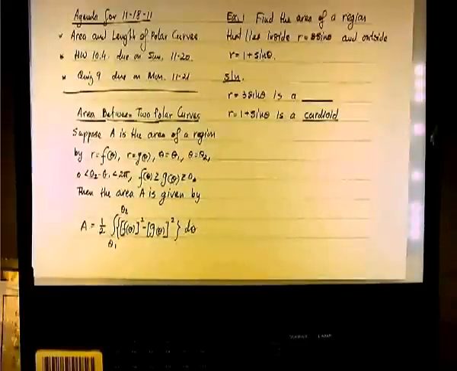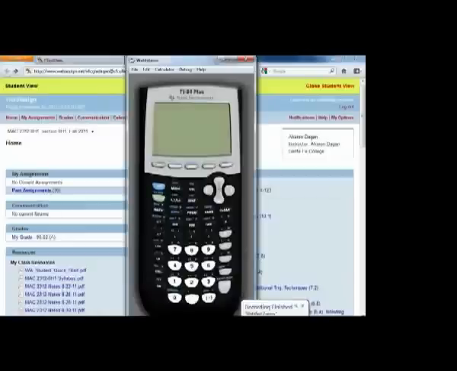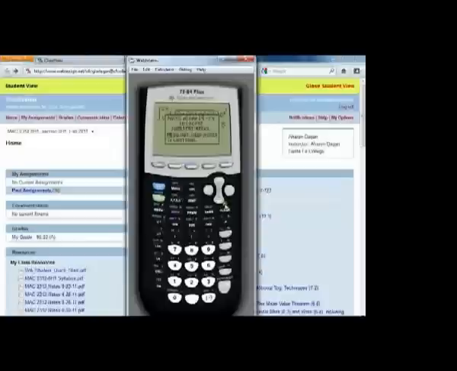Let's go theta equals 0, and then theta equals pi over 4, pi over 2, and so on. Or let's cheat and look at the graphing calculator. Okay, so I think I'm in the polar mode. Yes, I am.